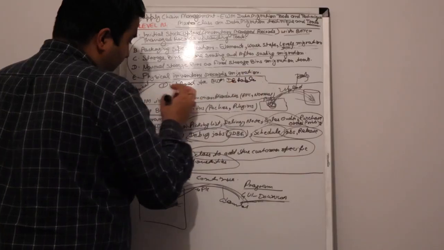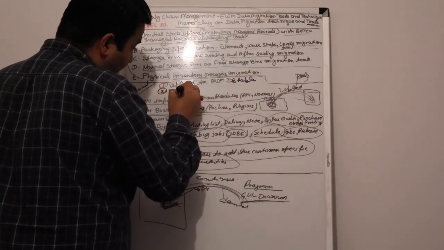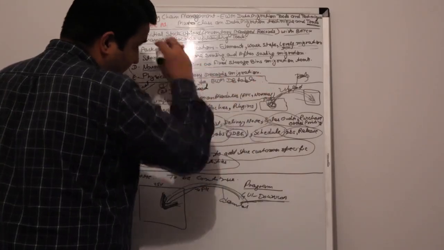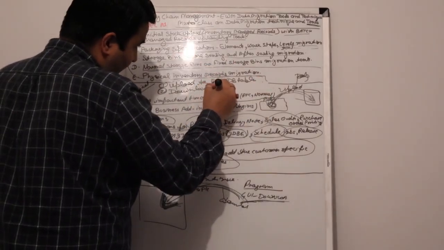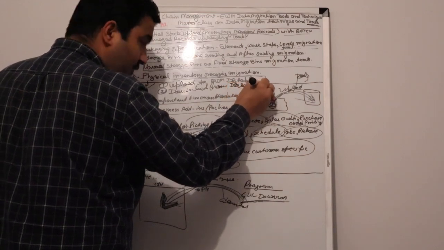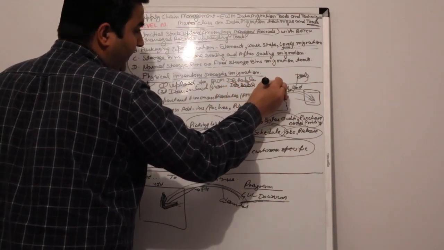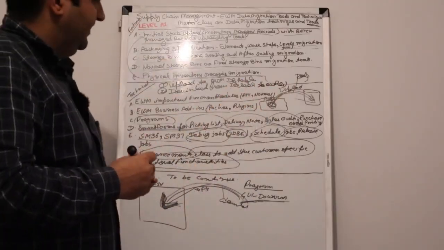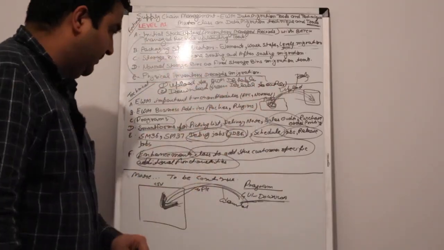The second: download records, business records, any records, from the database table to our flat file. These processes are very simple.